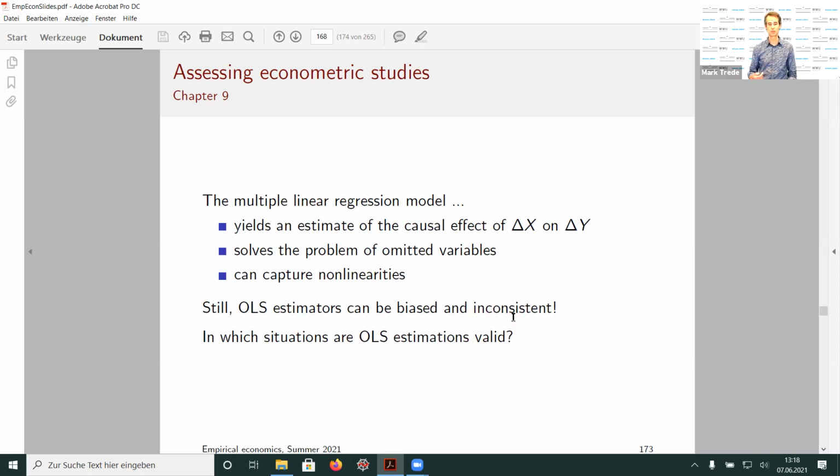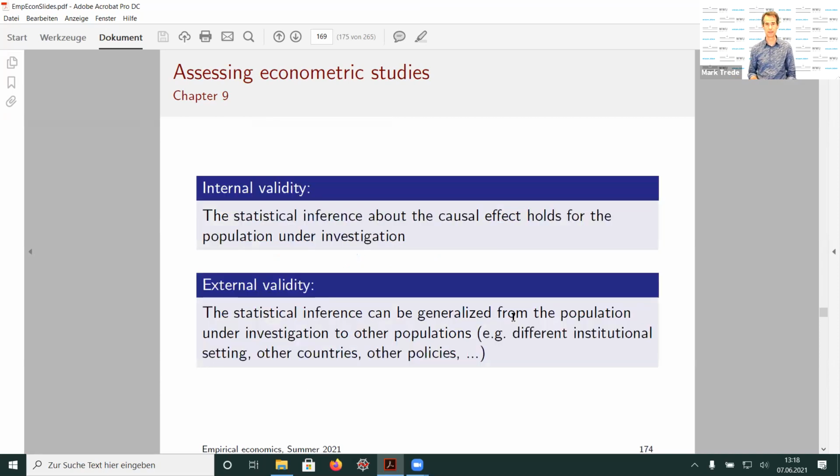Right, so the question now, of course, is in which situations are these OLS regressions or estimations valid? So how can we assess the value of econometric studies? And to get more structure into this question, because it's obviously a complex question and it depends on the particular case and so on, we differentiate between two kinds of validity.